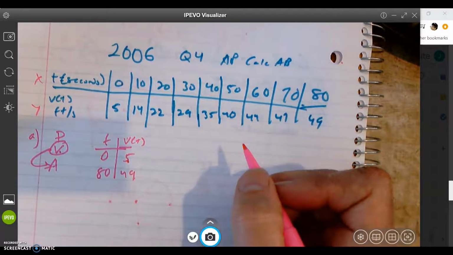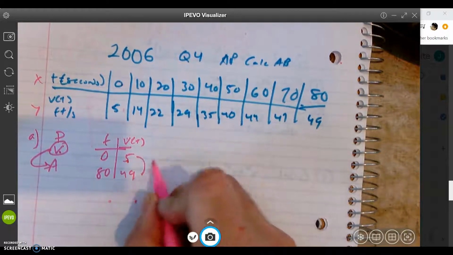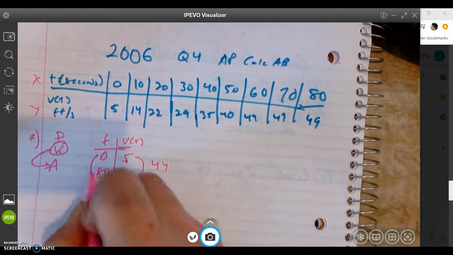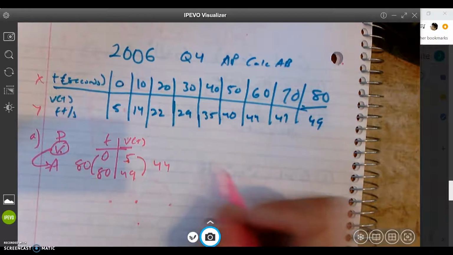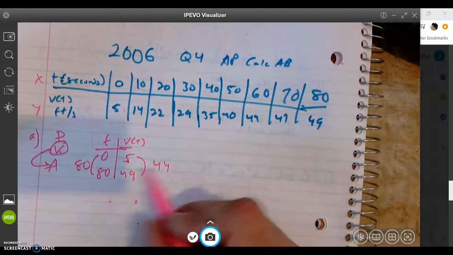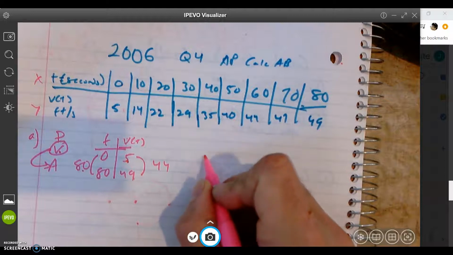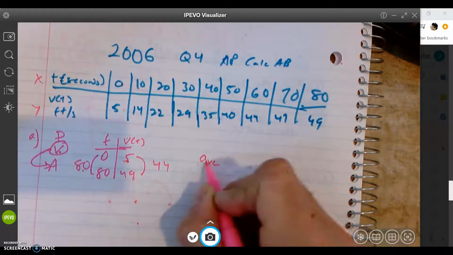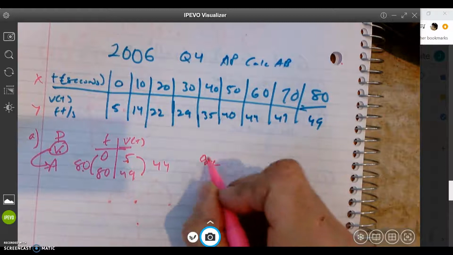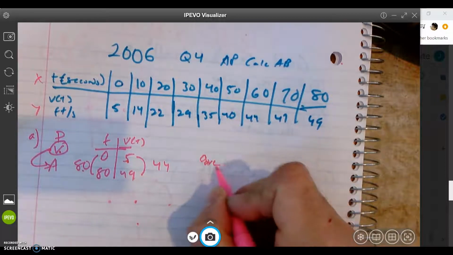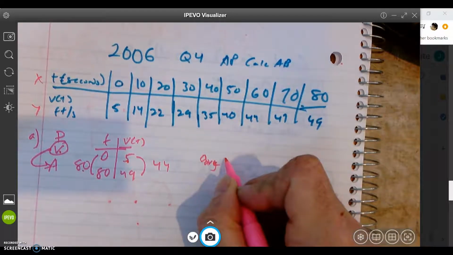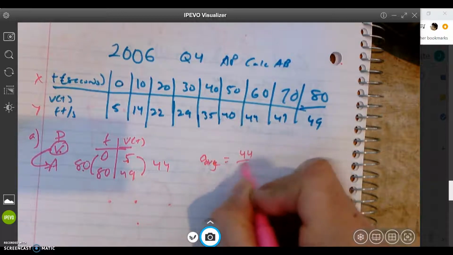So the change is 44, over 80. We're going 44 feet per second over 80 seconds. So the average acceleration, a sub avg, equals 44 over 80.